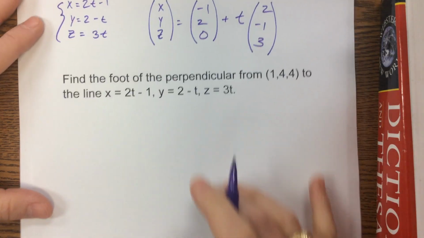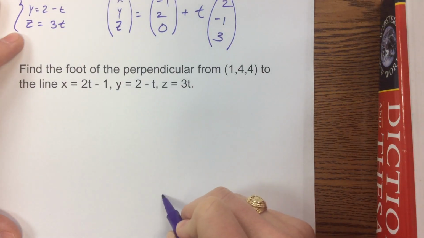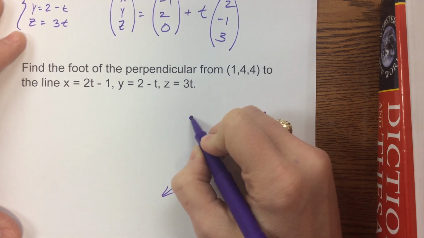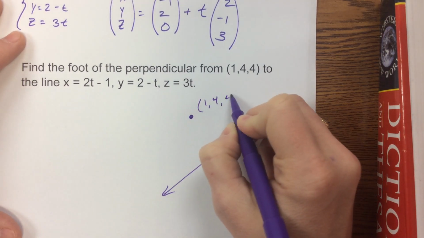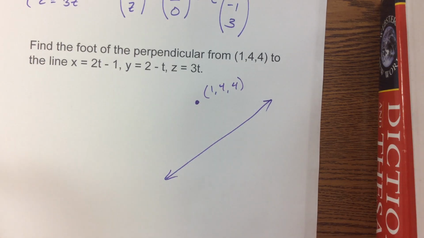Now we need to talk about what they mean by this problem. Here we've got some line in space, and then a point. It's not random, they told it to us. They're saying find the foot of the perpendicular from that point to that line.